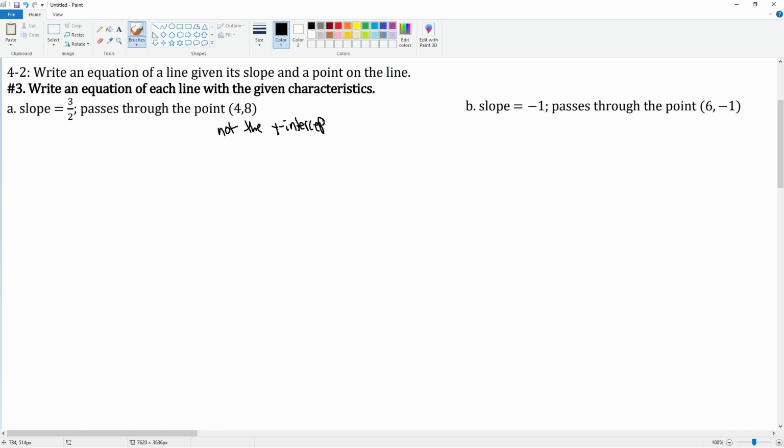Because y-intercepts are always in the order of 0 for the x and something for the y. So 4 comma 8 is not the y-intercept, nor is 6 comma negative 1. So we have to have a different approach to do this.